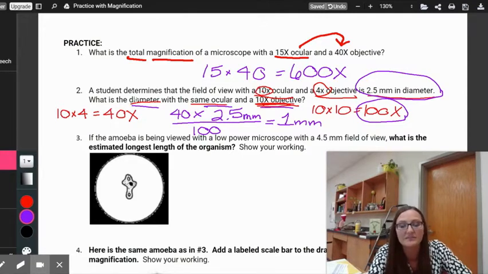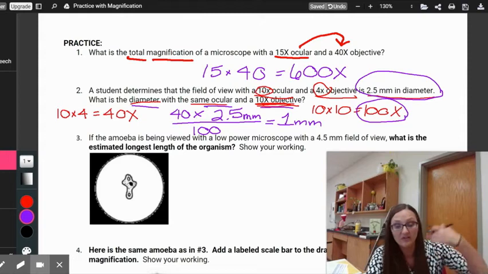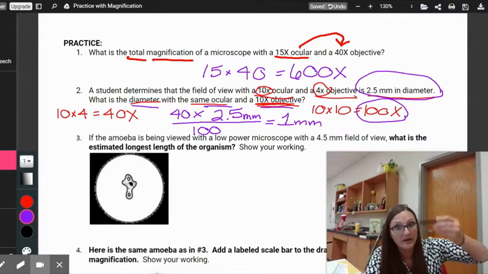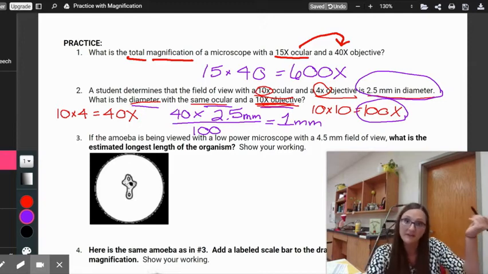So that's going to be the diameter, and that's how you solve that problem. We'll try to work many more of those so that you can get the hang of it. But it's always going to be your lower power times the diameter divided by your higher power. And then that's how we get the diameter. All right, let's work a more advanced problem on number 3, okay?